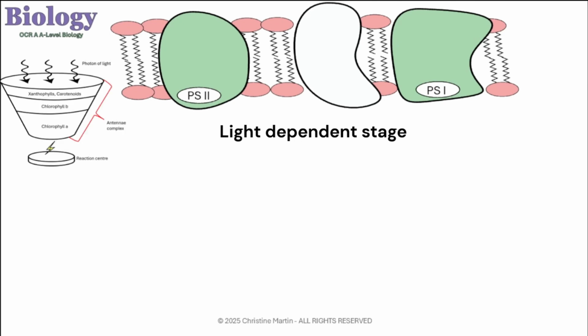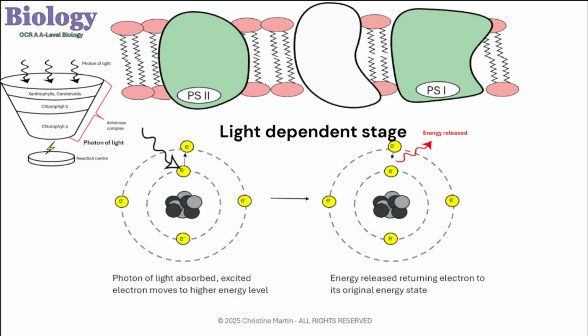Inside the thylakoid membrane, photosystems are embedded, consisting of these antennae complexes and a reaction center. There are 2 types of photosystems, each with its own reaction center. So there is photosystem 2, PS2, and photosystem 1, PS1. The antennae complex captures light energy and transfers it to the reaction center.